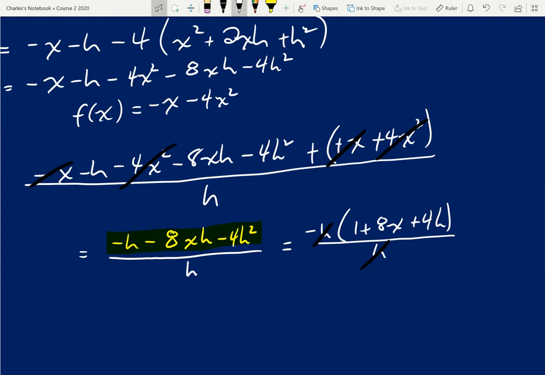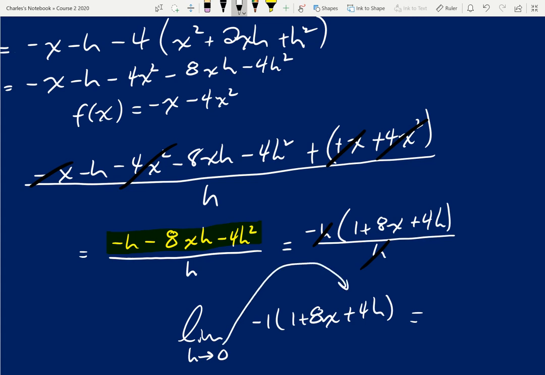And if I were to take this and make it into an instantaneous rate of change, this would be the limit as h approaches 0 of negative 1 times (1 plus 8x plus 4h). And when h approaches 0, I can plug 0 in for h there.